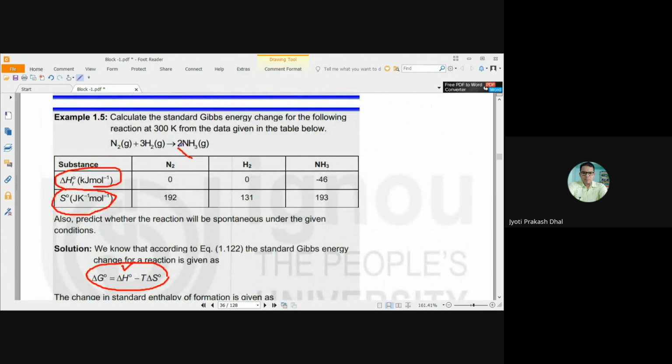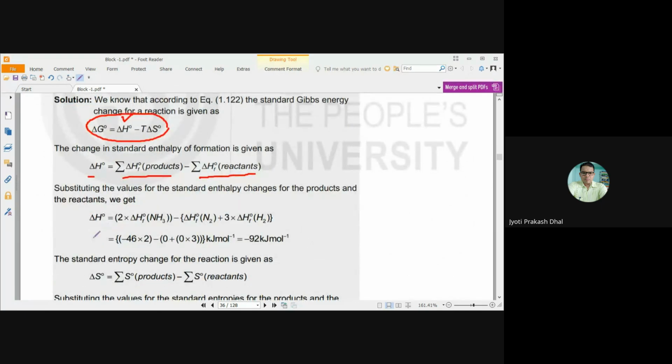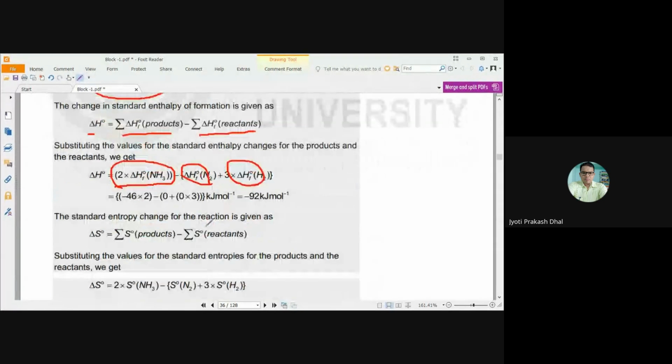Here the product is ammonia gas and the reactants are nitrogen gas plus hydrogen gas. So you can write del H naught equals 2 into del H F naught of ammonia minus del H F naught of nitrogen gas plus 3 into del H F naught of hydrogen gas. By putting all the values in, you can write it.